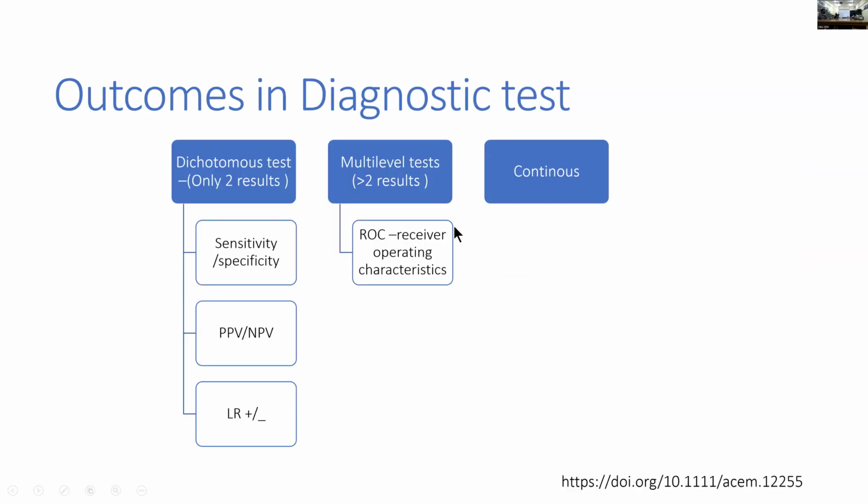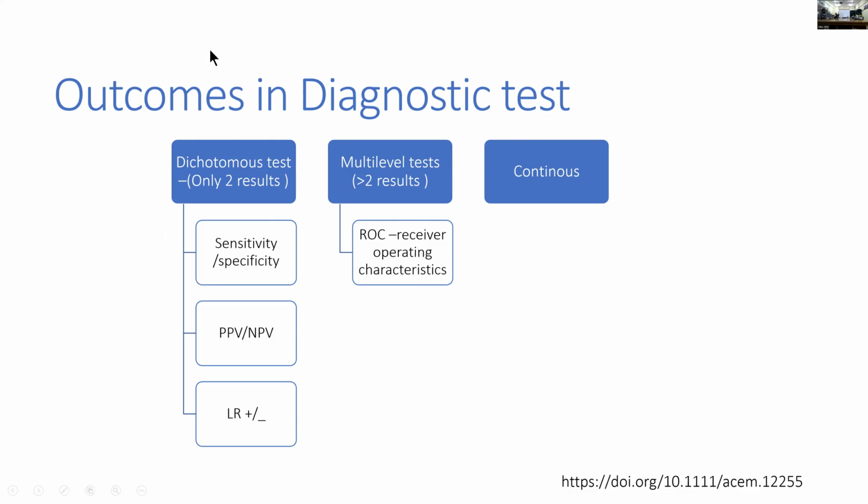We will go from the outcome. Like in an RCT we have a primary outcome and secondary outcome, in a diagnostic test outcomes can be of different types. It could be a dichotomous outcome, for example a test might be just positive or negative, so there are only two results. Or it could be a multi-level test with multiple outcomes, or a continuous outcome, for example NT-proBNP level in heart failure can range from 500 to 3000 to 5000.